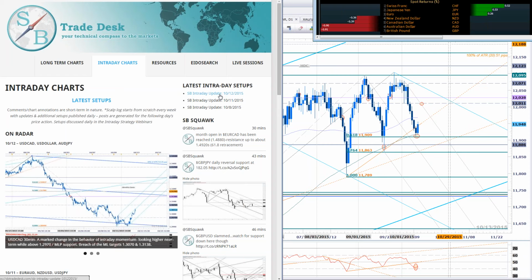You got China data, which came out worse than expected. The trade surplus did expand, but imports declined.